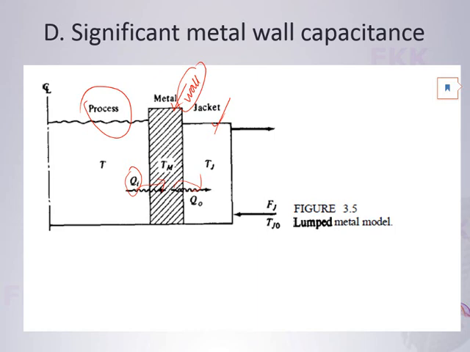So in this case, you are supposed to model 3 types of equation. The first one, you have to do the energy balance for the process fluid, then you do the energy balance for the metal, and the next one, the energy balance for the jacket. So the temperature of the process fluid is T, the temperature of the metal wall is Tm, and the temperature of the jacket is Tj.